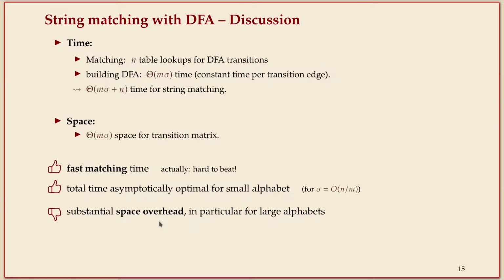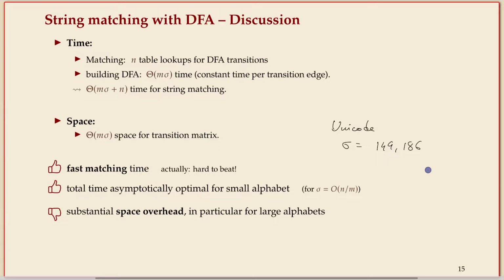And so for that, I looked this up in the break. If you use all Unicode characters, then sigma with the latest release is 149,186 characters, if you want to be precise. Now, that's quite a lot if that's a multiplicative factor for your pattern. Suppose your pattern is a few thousand characters. Now you multiply this with 100K.